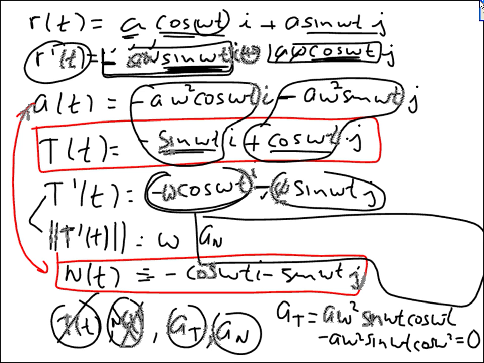If I factor out a omega squared, what's left over is this plus that, which is 1. And of course, a omega squared times 1 is a omega squared.